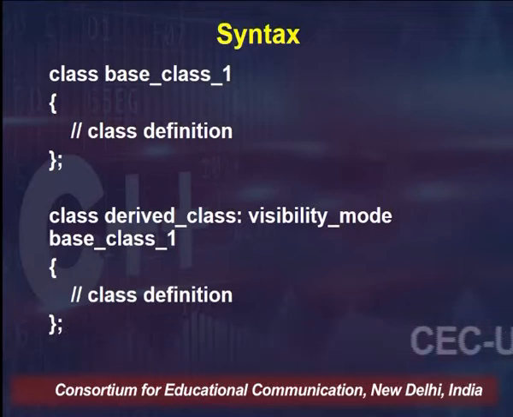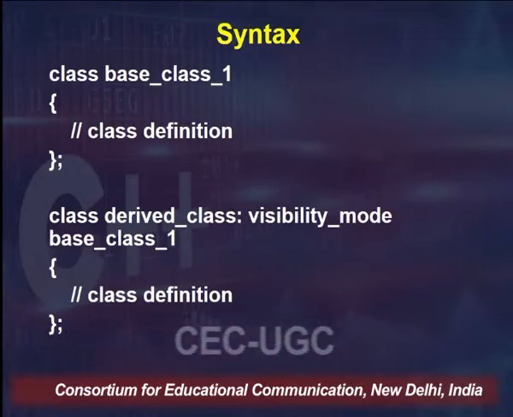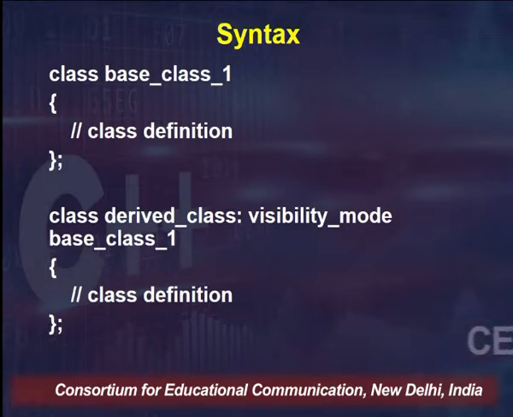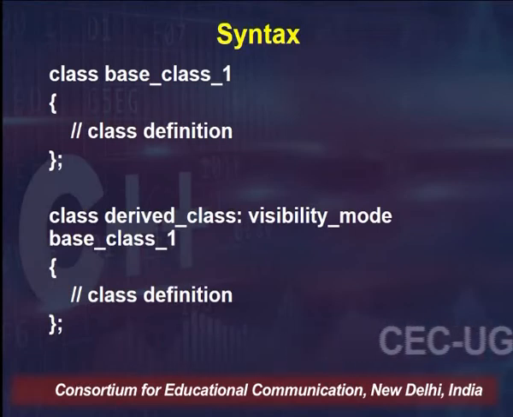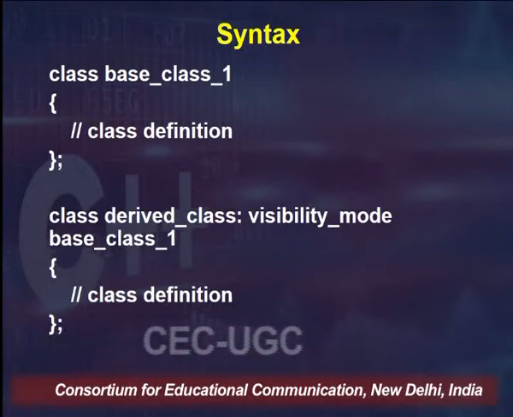Similarly, while defining the derived class, we have to specify that this derived class is going to inherit the features of the base class, and what features will be inherited and in which mode is defined by the visibility mode. Visibility mode we have covered in greater detail in our previous lectures.